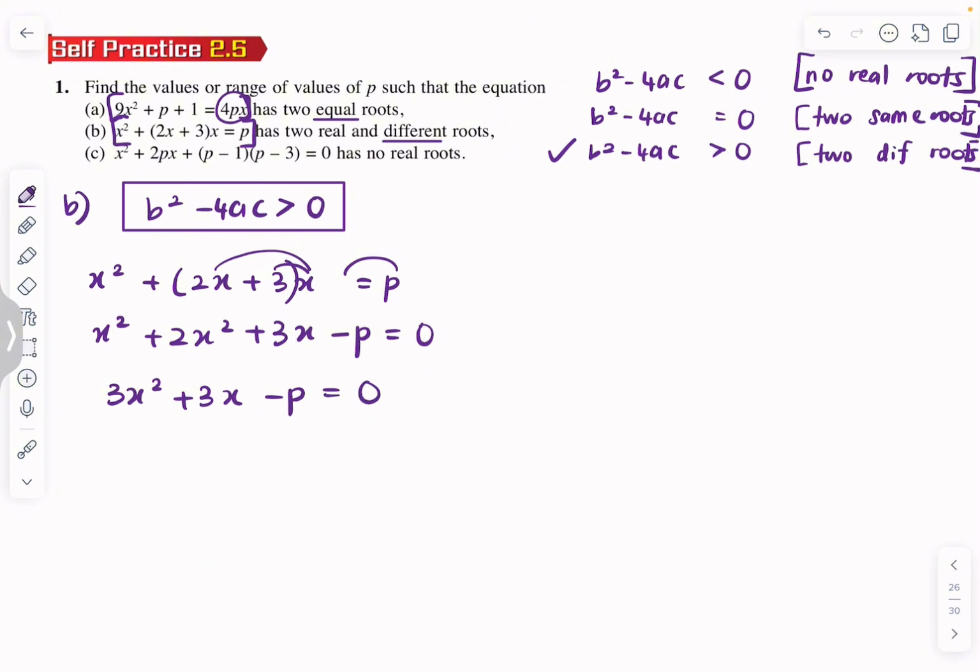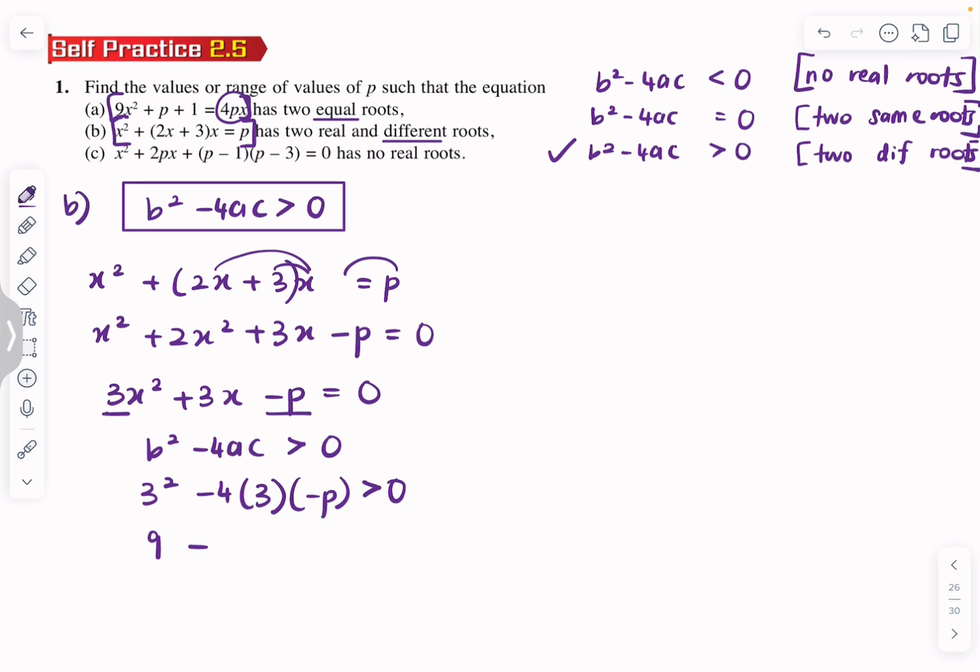Then b square minus 4ac is more than 0, right? So this is our a, b and c. So 3 square minus 4ac more than 0.